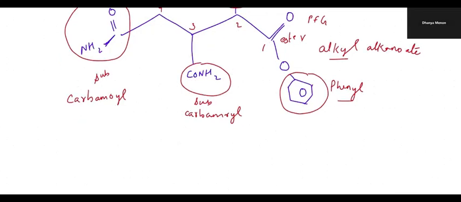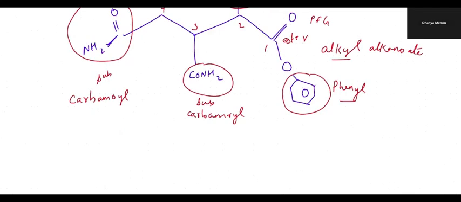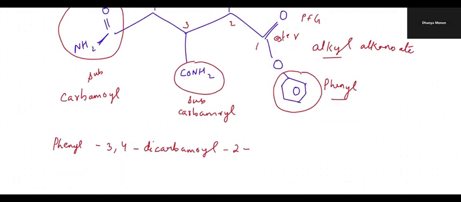Here it is phenyl. At the third and the fourth position, I have dicarbamoyl. Second position, I have cyano. There are 4 carbon atoms, so but, all single bonds, so butane, oate. So always whenever the ester is the primary functional group, we write the name of the alkyl group first, and at the end we write oate. Okay.